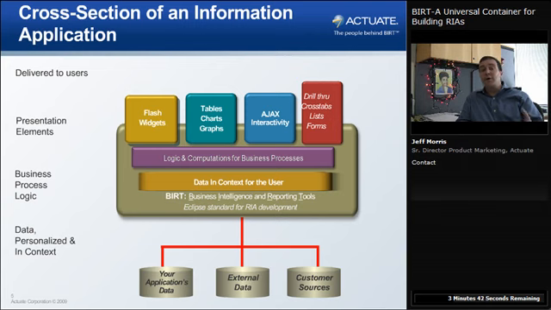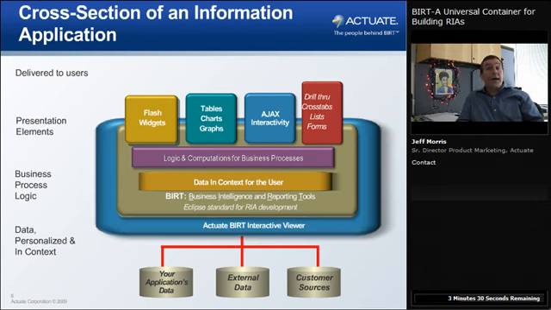And here I'm going to use the BIRT report design as the container for this information to organize it and make it reusable not only within this application but perhaps across applications. And because I'm using BIRT, I can actually deploy the Actuate BIRT Interactive Viewer so that end users can change the content themselves and continuously drive requirements for the application themselves.